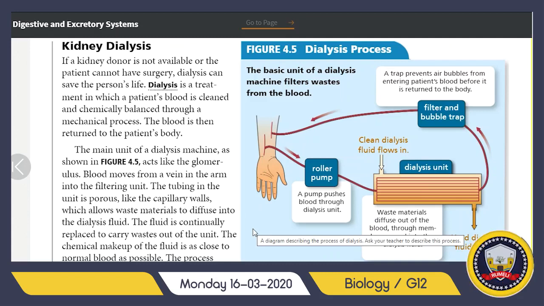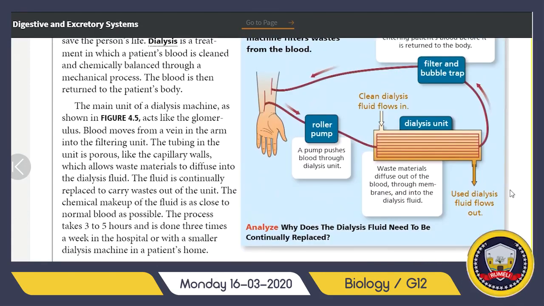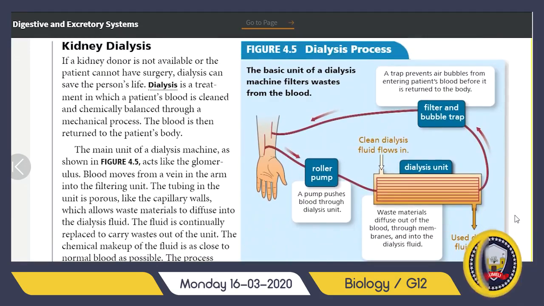Now, let's explain this a little bit further. It's a very simple machine, guys. The machine is called a kidney dialysis unit. The kidney dialysis unit has a filtering unit. This filtering unit, of course, is mechanical, okay?